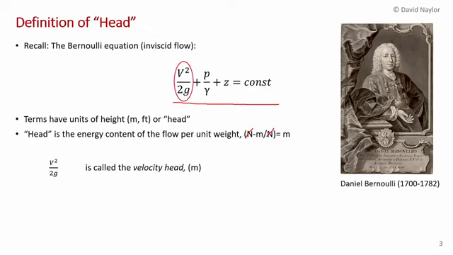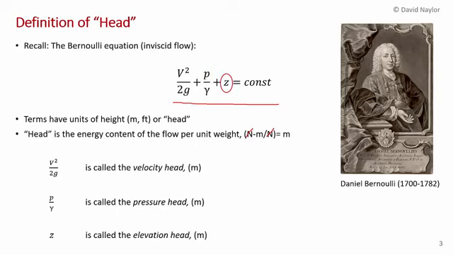So the first term, v squared upon 2g, is the kinetic energy per unit weight. We call this the velocity head, again expressed as a height. P upon gamma is the flow work done by pressure. Sometimes I call it pressure energy, and P upon gamma is the pressure energy per unit weight of the fluid, called pressure head, again in meters. And then z is just a measure of the elevation, the potential energy of the flow.